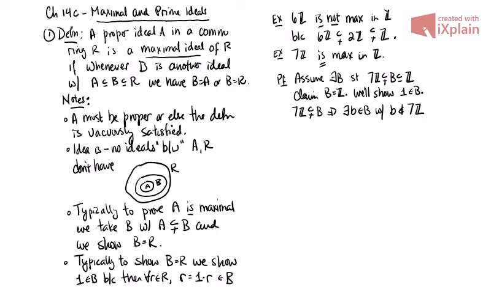Then we say, okay, what does it mean to not be in 7Z? It means you're not a multiple of 7. So b is not a multiple of 7. So that means it's relatively prime to 7.